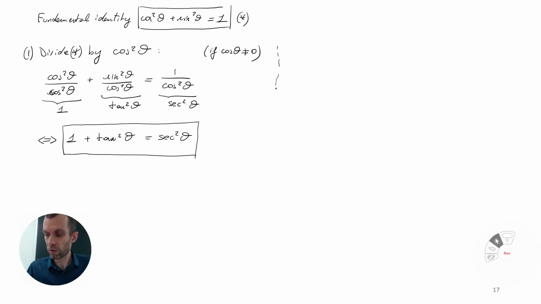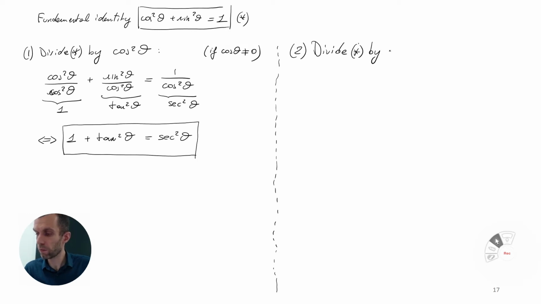Likewise, what I'll do is take the formula again and now divide by sine squared, and again we have to make the caveat that it only works if sine theta is different from 0, otherwise we divide by 0 and mathematicians get angry at us if we divide by 0.